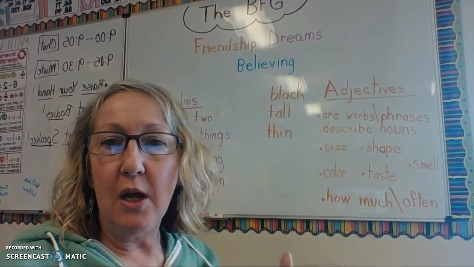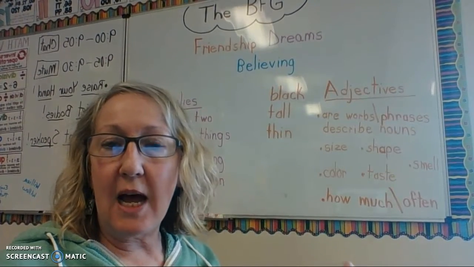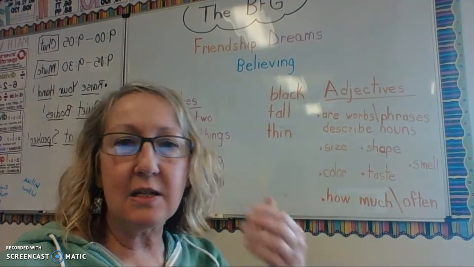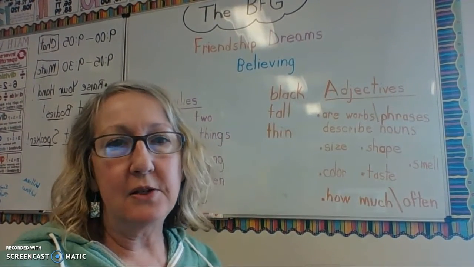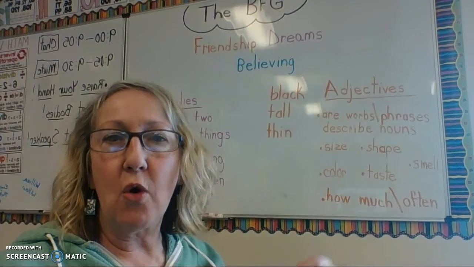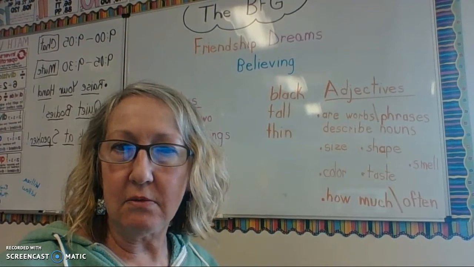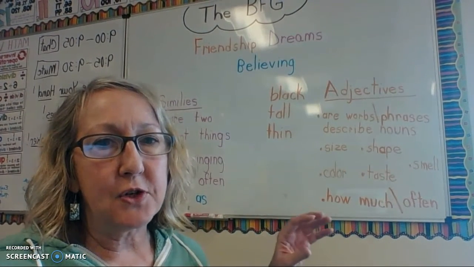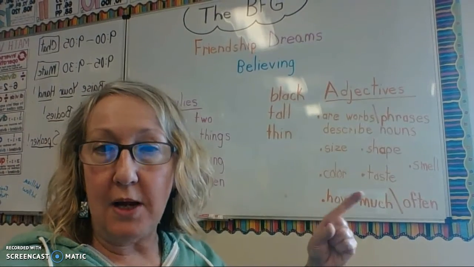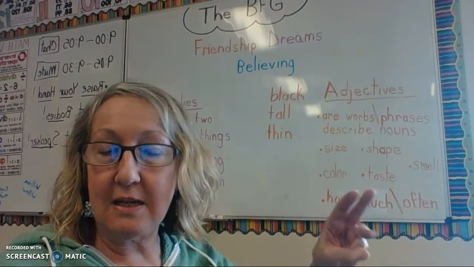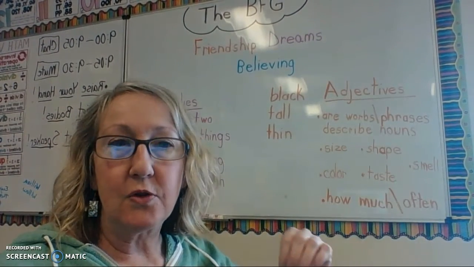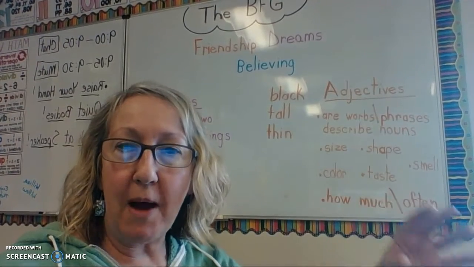They describe shape, size, smell, taste, what you see. They can describe how much or how often. And they describe the nouns. They're describing what? People, places, things, and animals. So they're telling more about the noun.